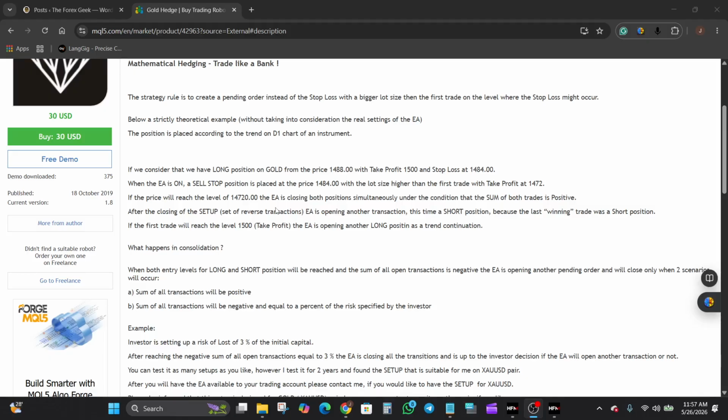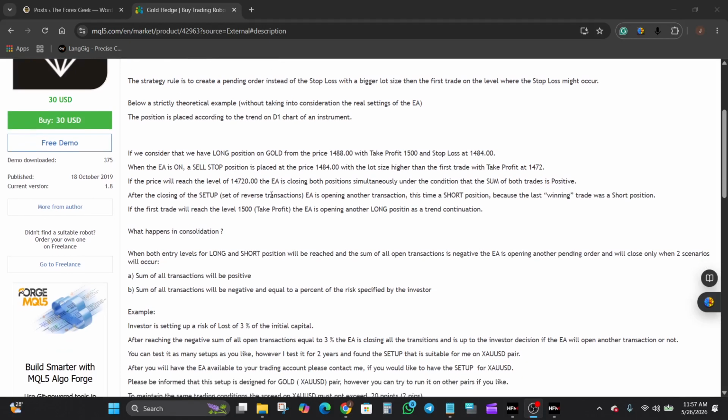So essentially, it is building a structured counter position if price moves against the initial trade. Now, according to the explanation, if price reaches that opposite level, both trades are managed together and closed only when the combined result becomes positive.